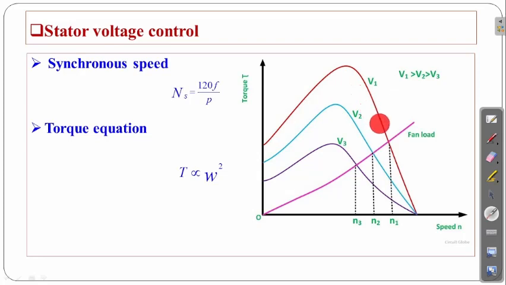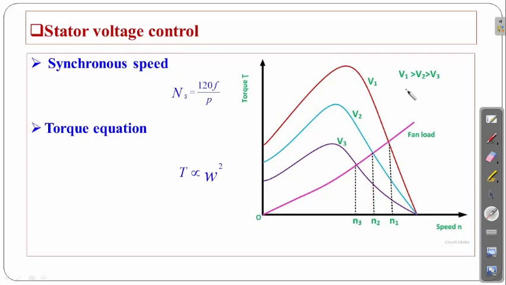Torque will decrease, but the speed is slightly increased. V2 is the same as V1 but lesser than V1, and at some particular point it will decrease. Likewise V3 also increases and then decreases. So in this fan load we have speeds N1, N2, N3.